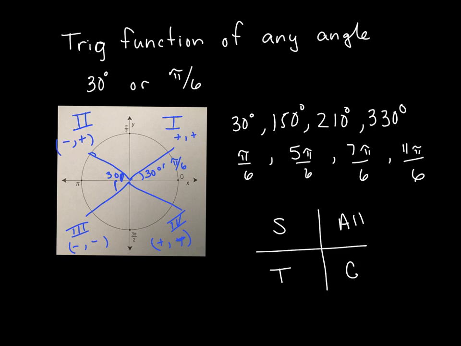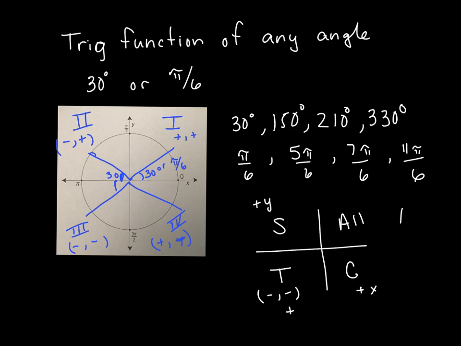And that is because of x and y values, because both x and y are positive in the first. Sine is positive in this second quadrant because y is positive. Tangent is positive here because when the x and the y are both negative, it is a positive. And the cosine is positive here because x is positive.